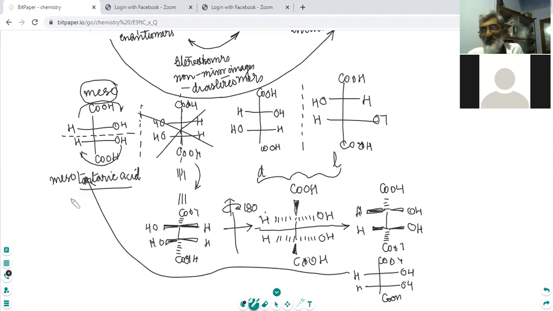But meso cannot be separated into two because it is one and the same compound. So this is the description of optical activity of tartaric acid. Tartaric acid is naturally available. It can be isolated from plants and all.